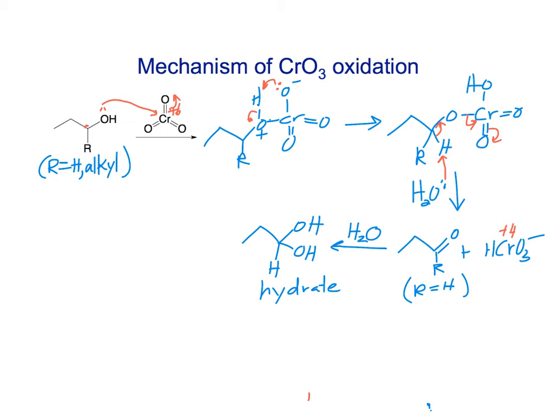All right, and now we're going to oxidize one of those two OHs. So I'm going to simplify some of these steps. We have chromium trioxide reacts again. In two steps we'll get to here.